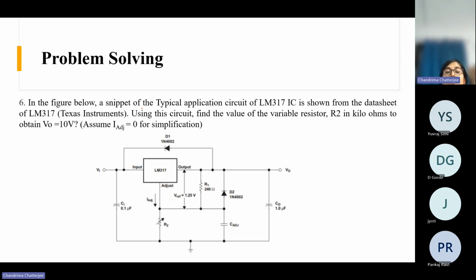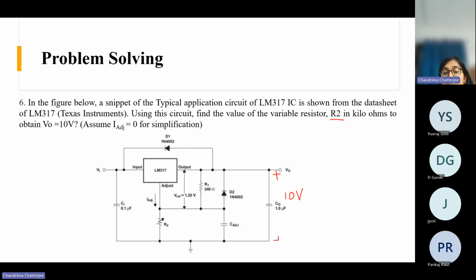In the figure below, a snippet of the typical application circuit of the LM317 IC is shown from the datasheet. Using this circuit, find the value of the variable resistor R2 in kilo ohms to obtain an output voltage of 10 volt. So if you need to obtain an output voltage of 10 volt here, what should be your R2 value?